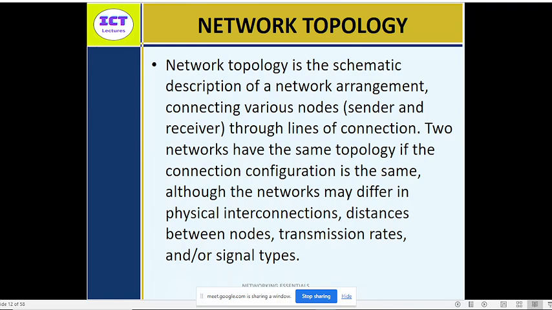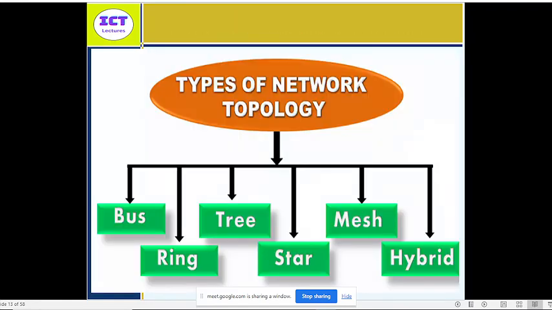So it's about how these particular devices communicate within a particular network. So in any given network, you need to have some kind of layout that is implemented so that you can talk about the different topologies.